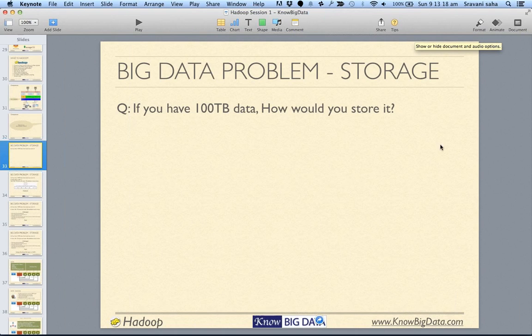Yes. So Hariharan says LVM with all the disks NFS mounted. Good. So LVM is Linux Volume Manager, right? And Felix says then 50 plus machines. All right. Those are very good answers.